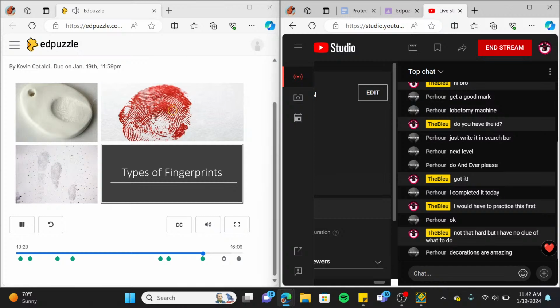Okay, this one is obviously visible without fingerprint dust. This one, however, needed to be dusted in order for the fingerprint to become visible.